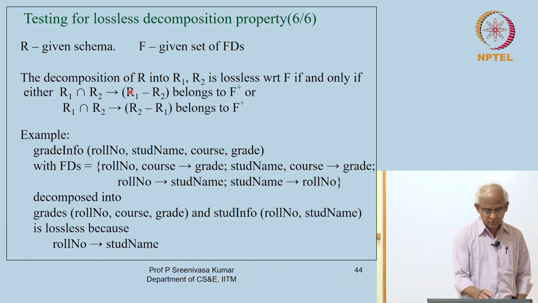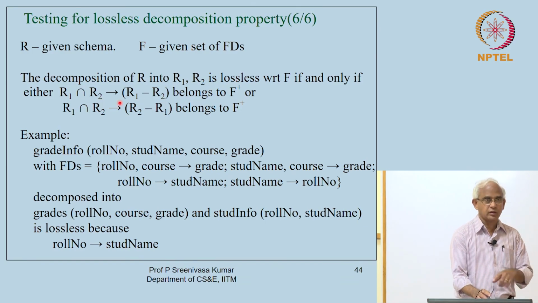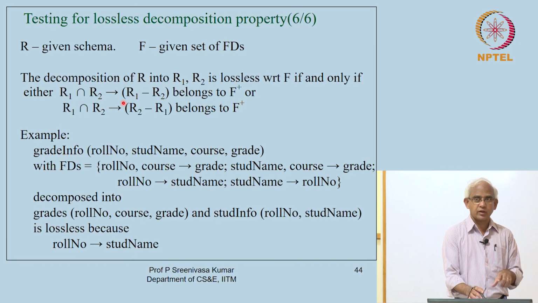And I urge you to check this condition on the example that I gave you, which has A B C and then had spurious tuples.